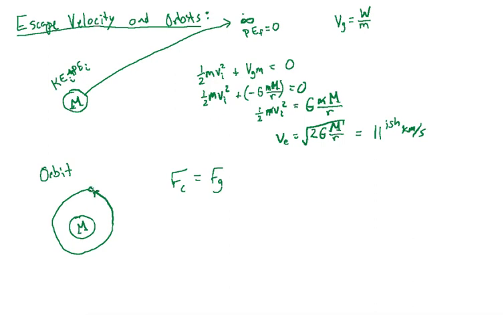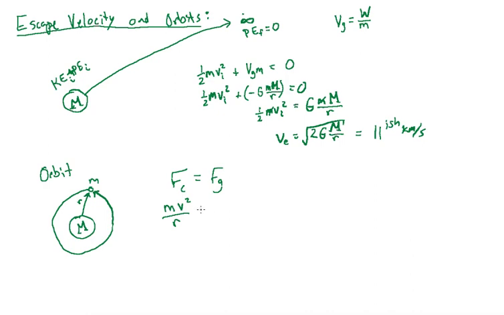The center-seeking force is going to equal that gravitational force pulling on it. Remember, centripetal force is m, the mass of our little object, that's our little m, times v squared, which will be our orbital speed, over r, which is our distance out here, that's r.